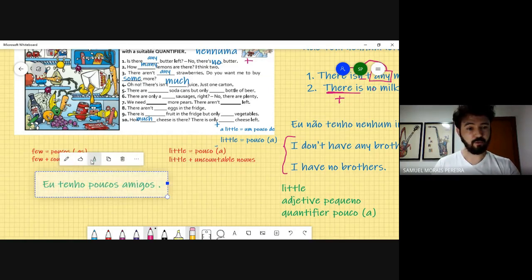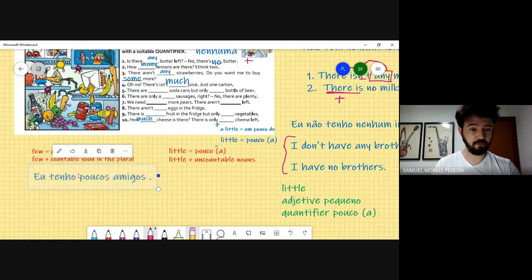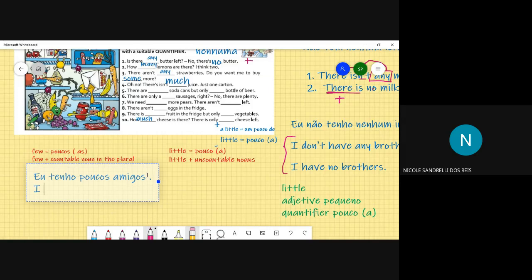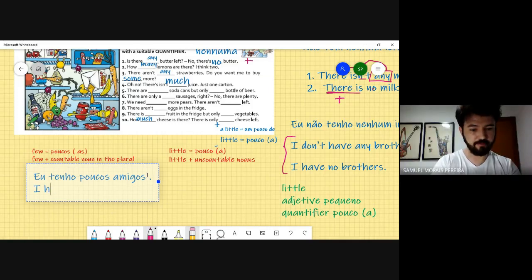And when we have a word in the plural, we have to say few. So, Nicole, how do you say the sentence in English? I have few friends. Perfect. So, I have few friends. I have few friends. Perfect.